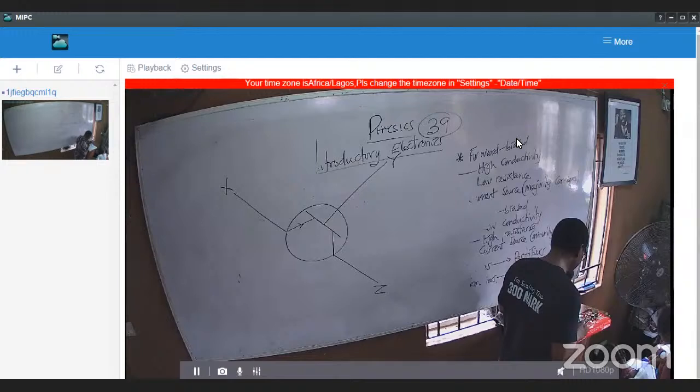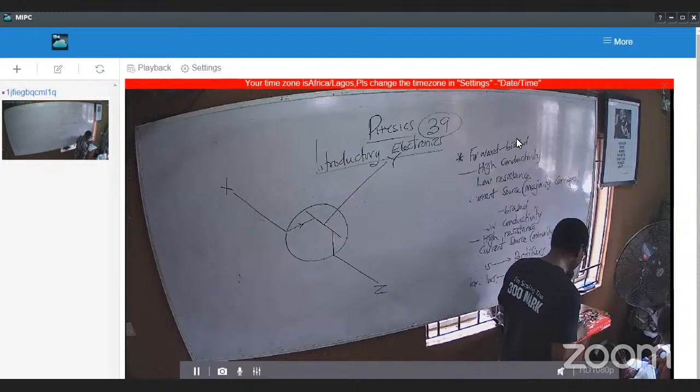And then the method of removing the ripple is called what? Smoothing. And that is achieved by using what we call an electric filter. Notes.